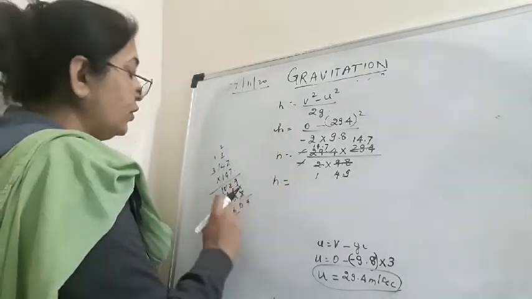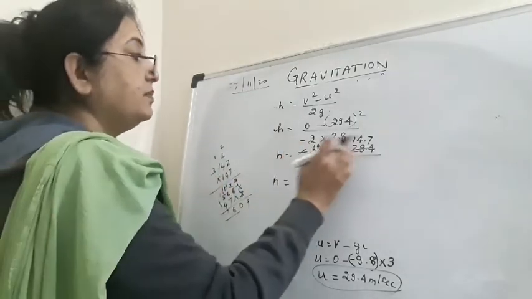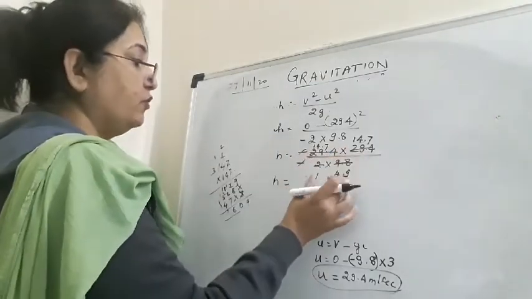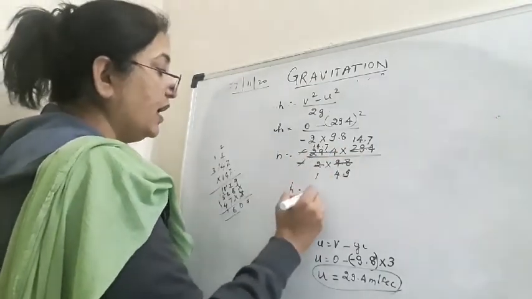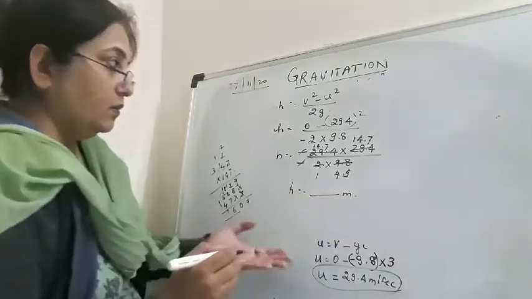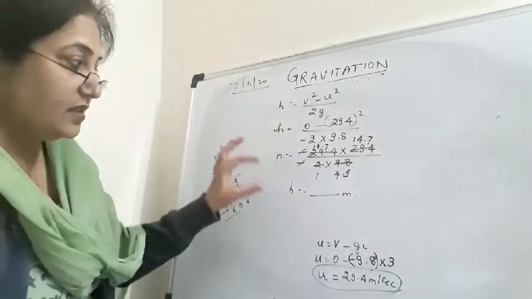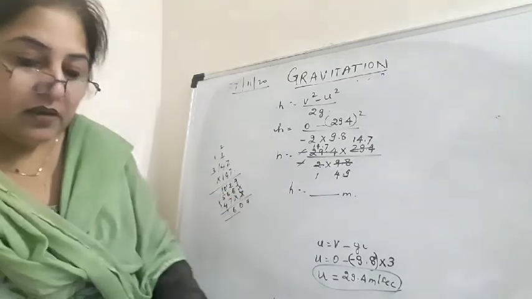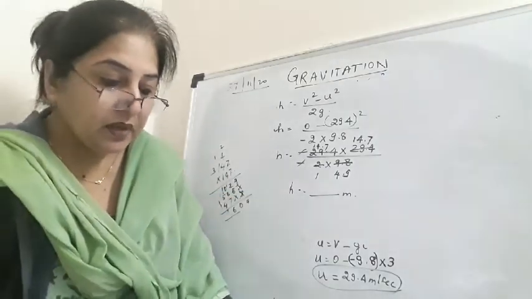So children, after multiplying this, you will get a number divided by 4.9. That will give you the height to which the ball is going up. You will solve it and find the answer. You can check it from the back of the book for what answer they have got.